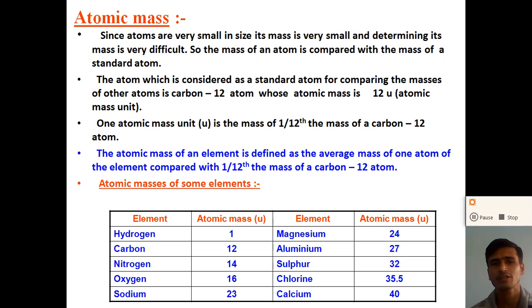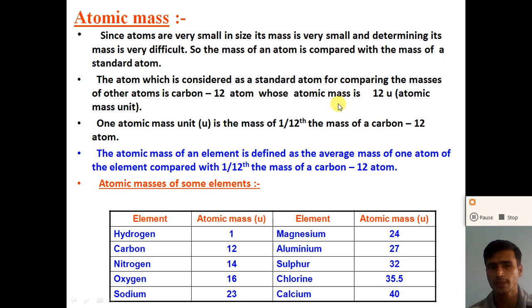The mass of an atom is measured with the help of a special technique called mass spectroscopy. With this technique, the mass of each atom of each element can be measured, right?